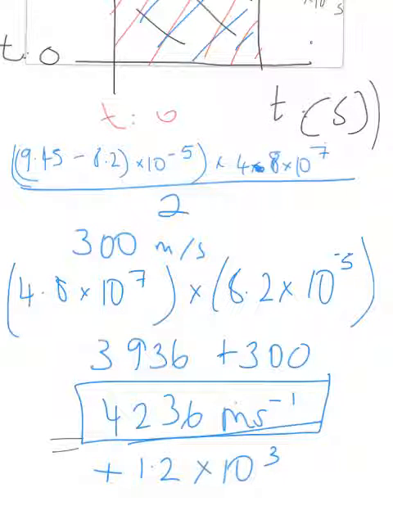And our final answer is 5,000. So we can squeeze that in because I can't make room for it now. In fact, let's round it up: 5.4 times 10 to the 3 meters per second, or ms to the minus 1. Let me rub that off and write it properly.